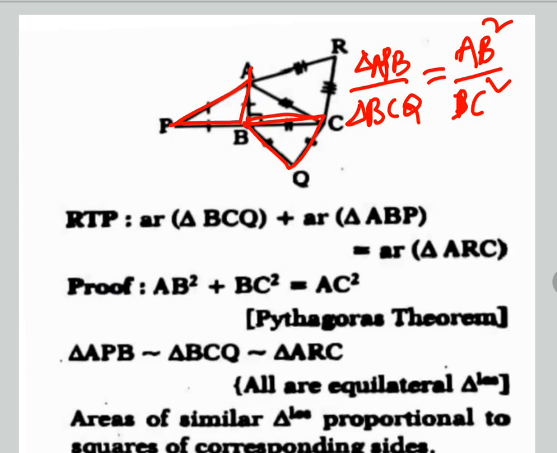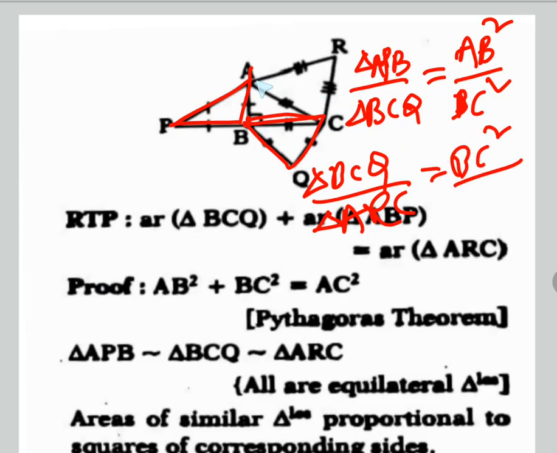Similarly, the ratio of the areas of triangle BCQ and triangle ARC is BC square by AC square. And likewise, ARC and APB is AC square by AB square.